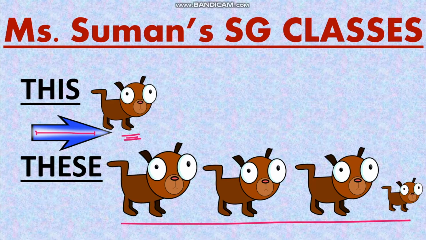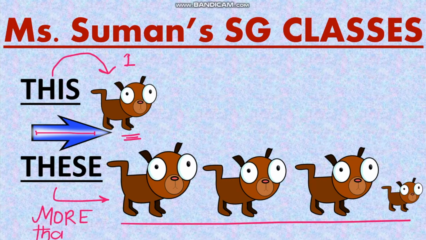We will say these. So what does it mean? It means this is used for one and these are used for more than one. These dogs are barking. This dog is jumping when we are talking about one dog. These dogs are barking.